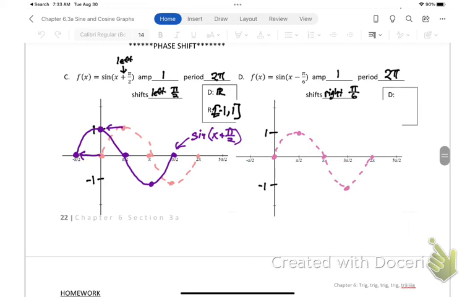Is pi over 6 bigger or smaller than pi over 2? It's smaller. I really just need you to kind of estimate on where it's going to be. So if you remember from our unit circle, it goes pi over 6, pi over 4, pi over 3. So if I'm shifting all of these right pi over 6, I just need to kind of bump them over just a little bit.